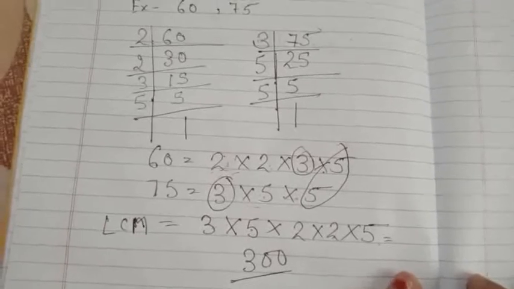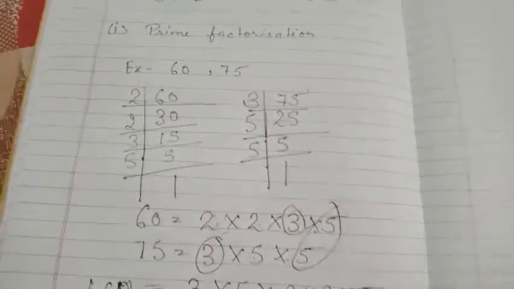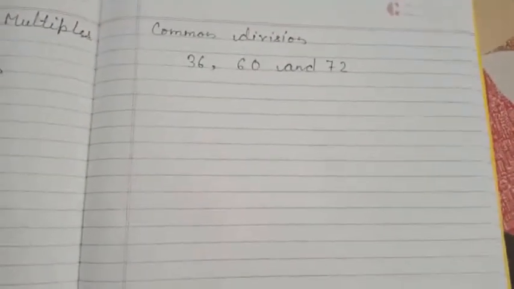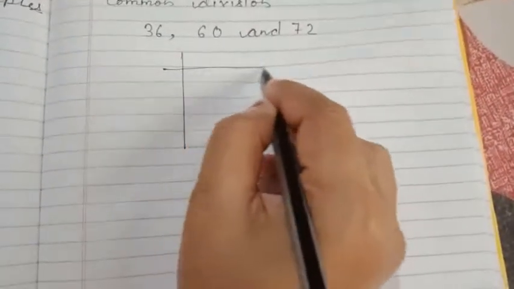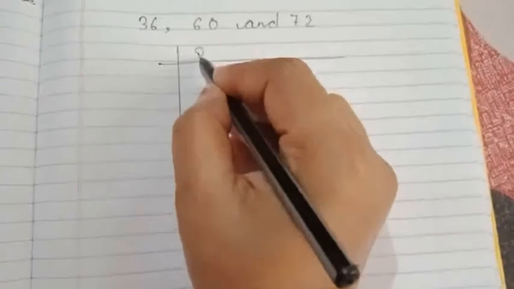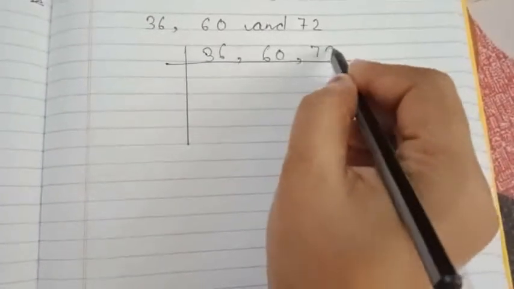This method is called the prime factorization method. Now the next method is common division. Common division, as we have done in the HCF, in the same way we will do in the LCM also. But there is one difference, I will tell you. 60, then 72, and 36.